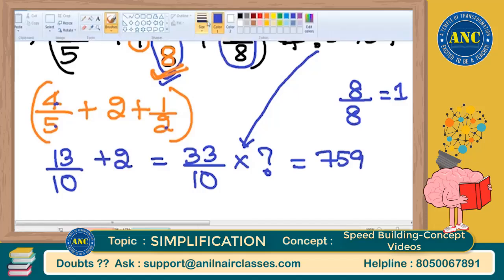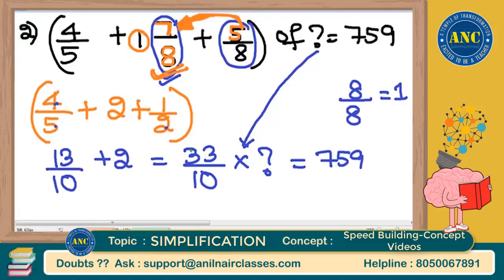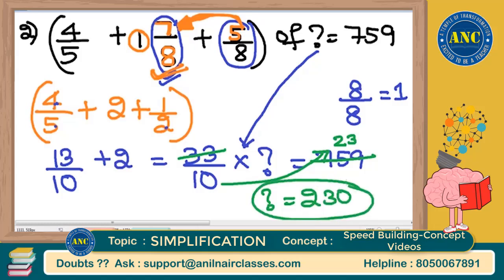The number 759 is given for the simple reason that 33 into 20 is nothing but 660. Another 99 is pending. So this is 33 into 3. So the final answer is cross multiply, 23 into 10, it is 230.